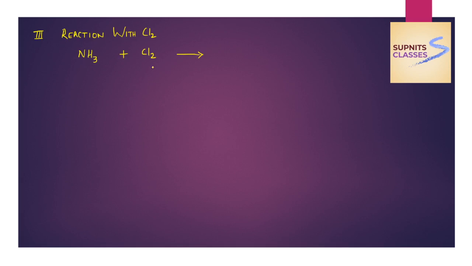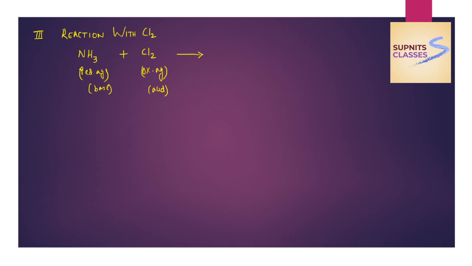If these compounds, ammonia and chlorine, are taken as molecules, you can clearly say that this is a reducing agent, and this is an oxidizing agent, or you can also say this is a base, and this is acidic in nature, right? So both things are taking place over here.